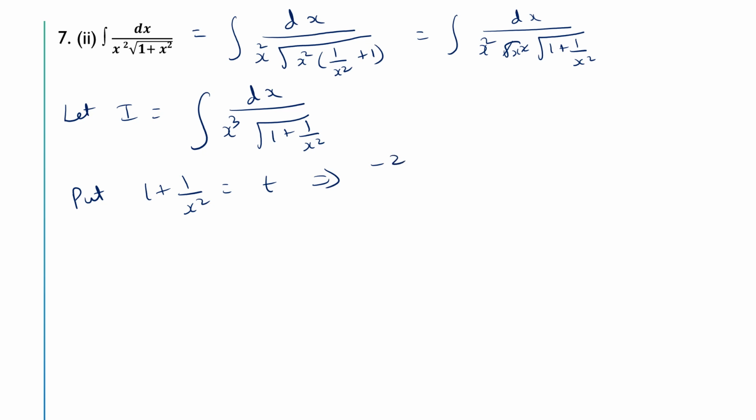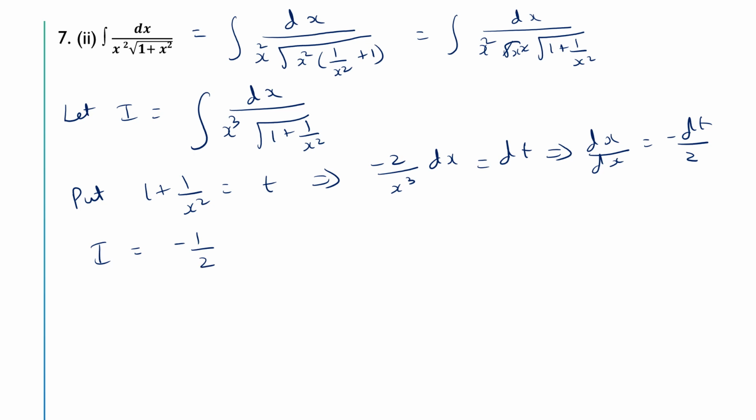So we get minus 2 by x cube dx is dt, or dx by x cube is minus dt by 2. So the given integral becomes, in place of dx by x cube we have minus dt by 2. So integral dt divided by root t.